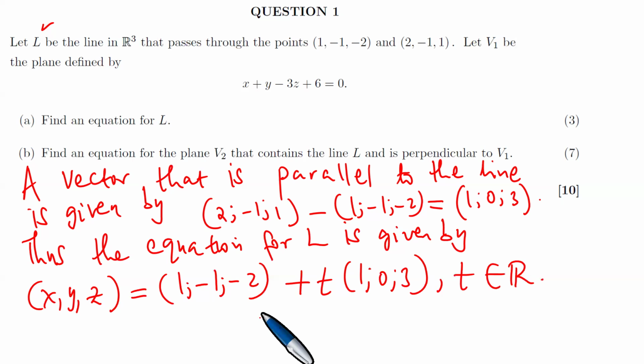So this is the answer, because it said find the equation for L. Thus, the equation for L is given by that. This is the answer to the first question, question A, the one that we've written here.